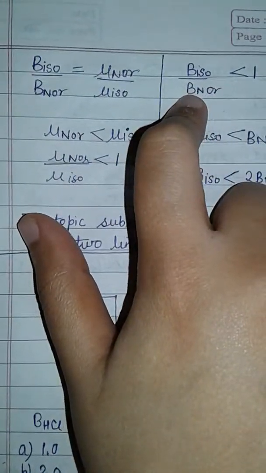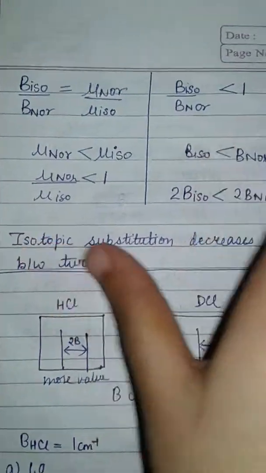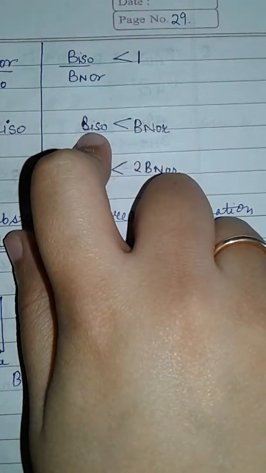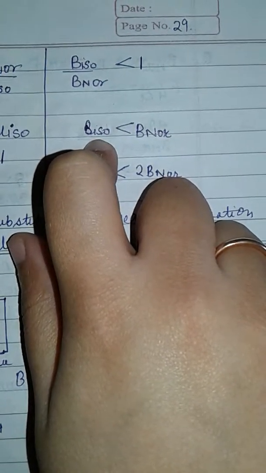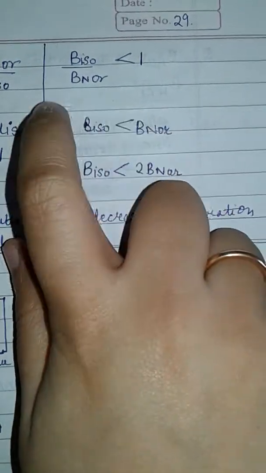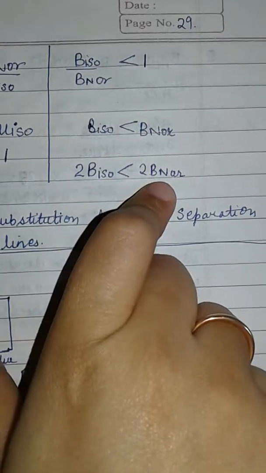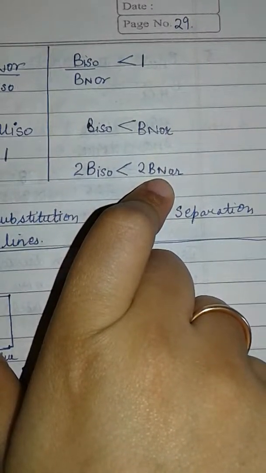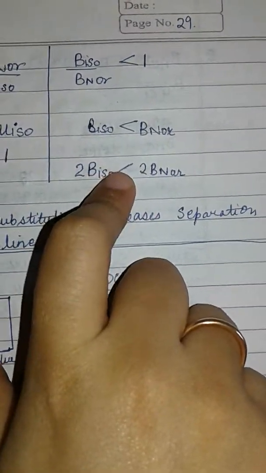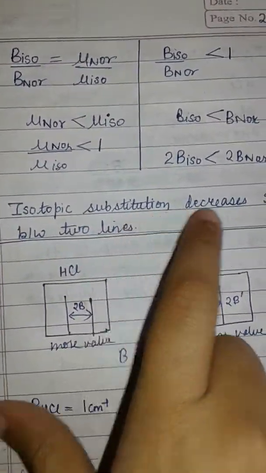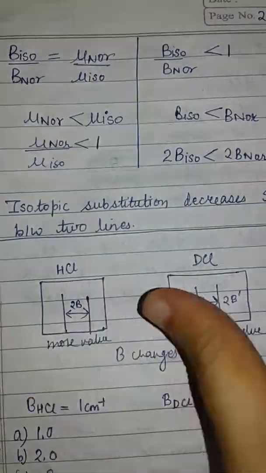That is, B isotope upon B normal is less than 1. If we multiply B normal to the right side, we get B isotope is less than B normal, and multiplying both sides by 2, 2B isotope is less than 2B normal. 2B is the separation between the two lines in the rotational spectra. So isotopic substitution decreases the separation between two lines.